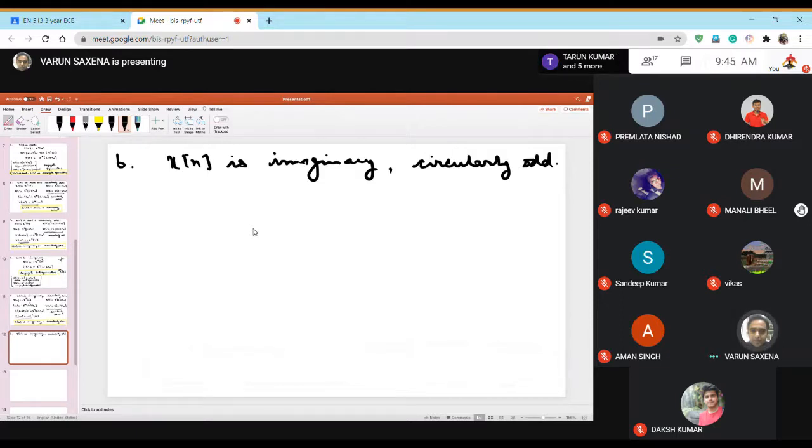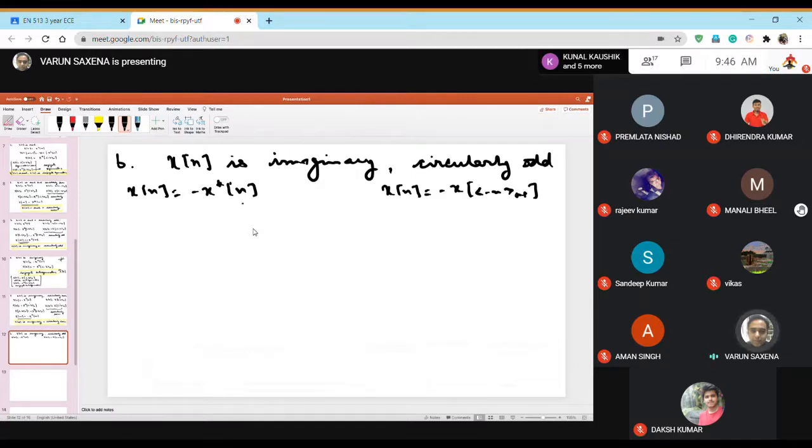So let's look at it. If xn is imaginary, then that means xn is minus x conjugate n, that will be the case. If it is circularly odd, then it will be minus x of minus n. This is what it will be.